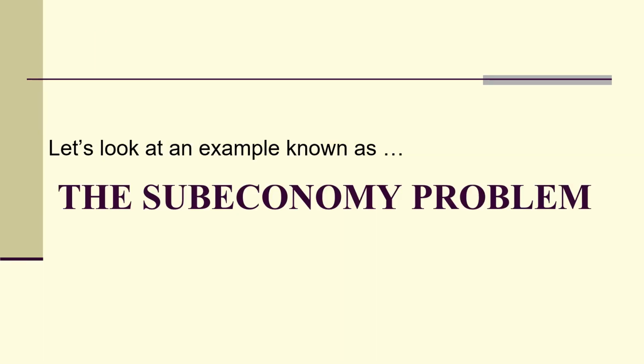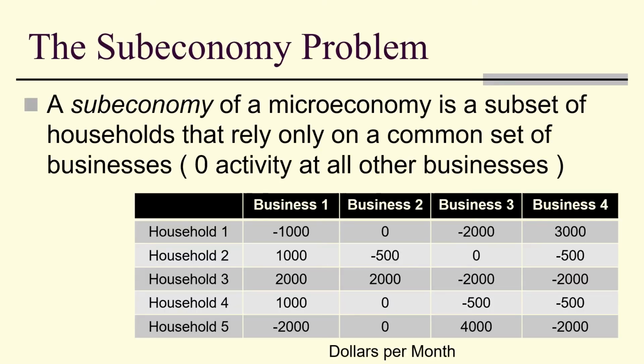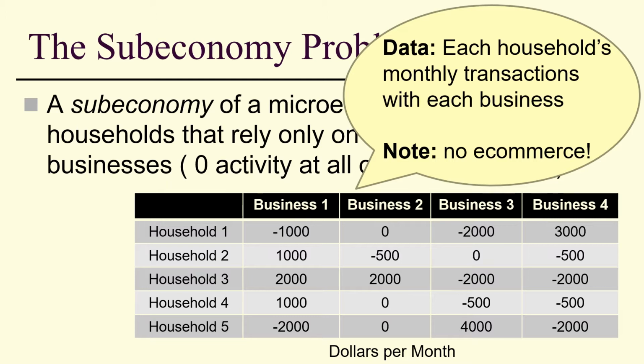For example, let's look at a problem known as the subeconomy problem. A subeconomy of a microeconomy is a subset of households that rely only on a common set of businesses. They don't have any activity at other businesses. Each household's monthly transactions is represented here with this set of data. Notice we're not doing any e-commerce.